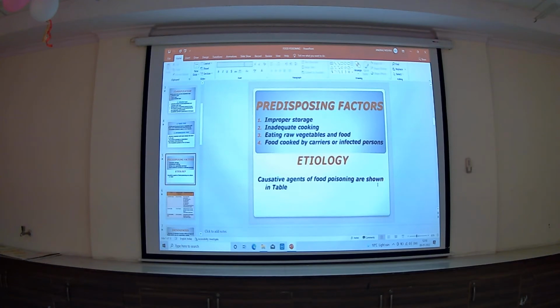Food poisoning may be due to a variety of factors like improper storage, inadequate cooking, eating raw vegetables and food.